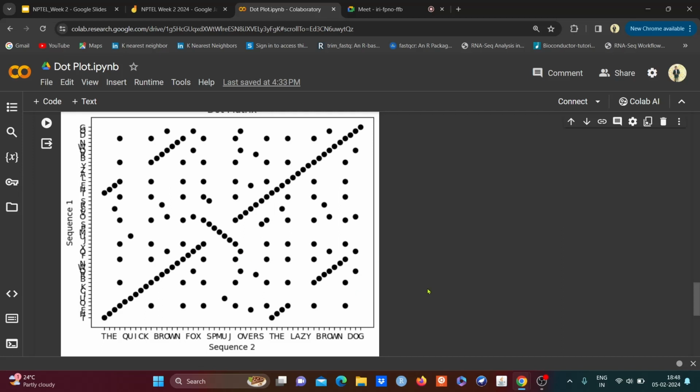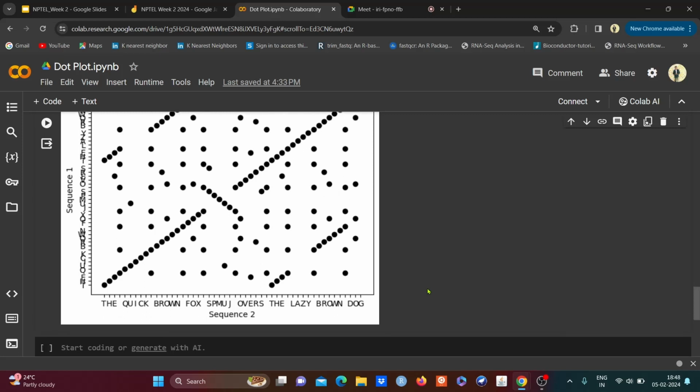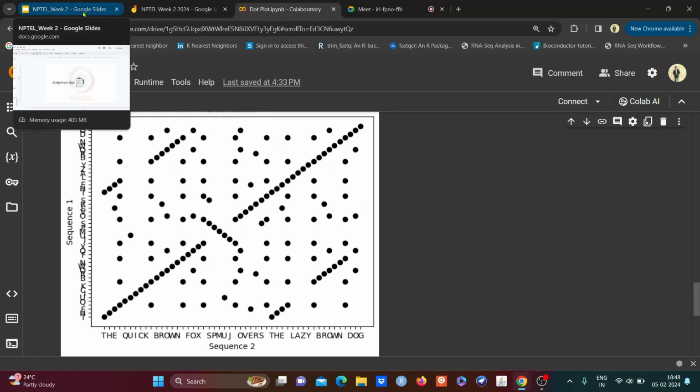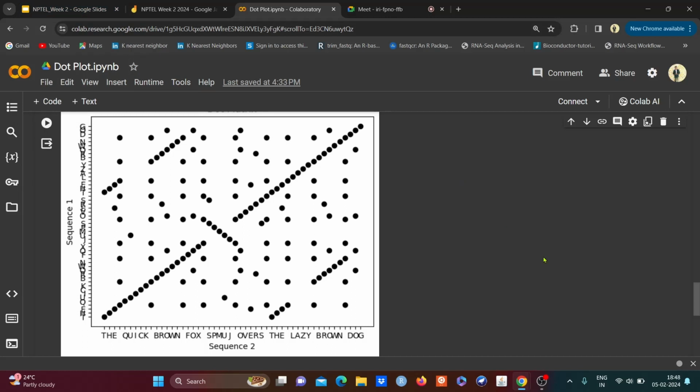So this is a small demonstration. Along with the PPT slides, I'll also share this for your practice purpose. Now, is this demonstration clear? This is just a simple Google Colab file, where in Google you can type Google Colab, then open this file.